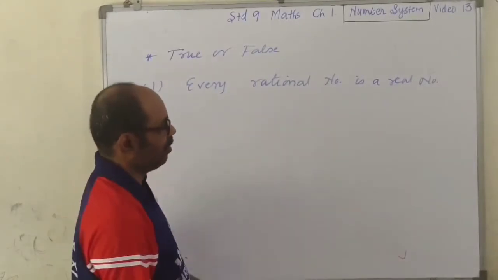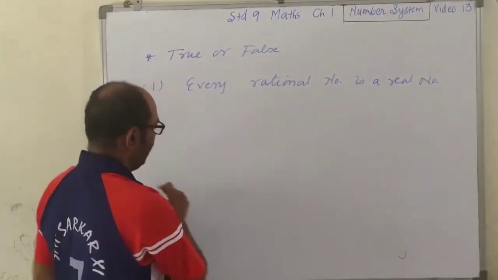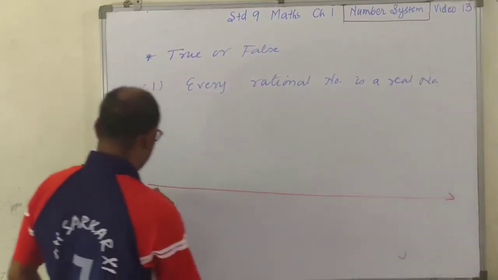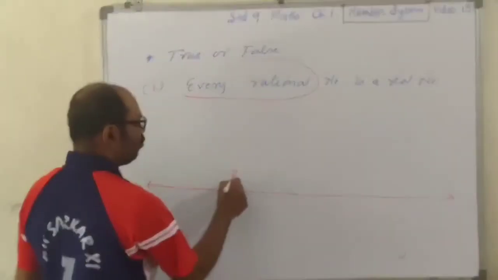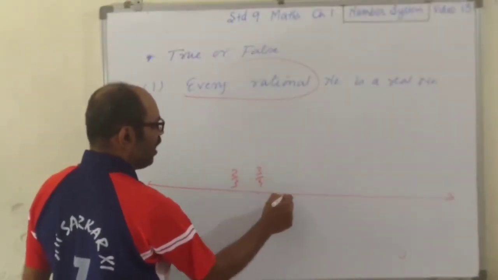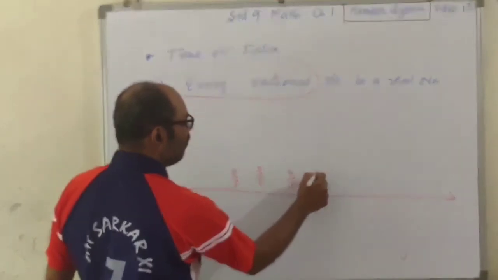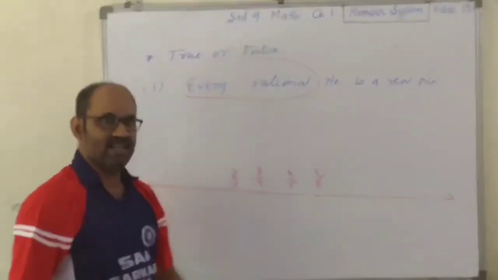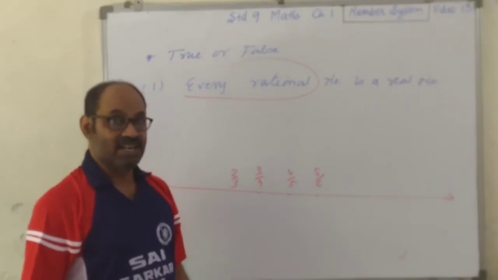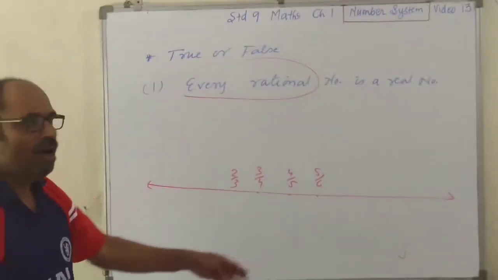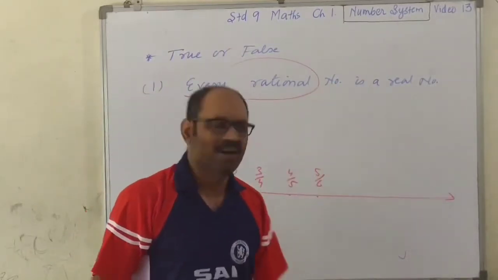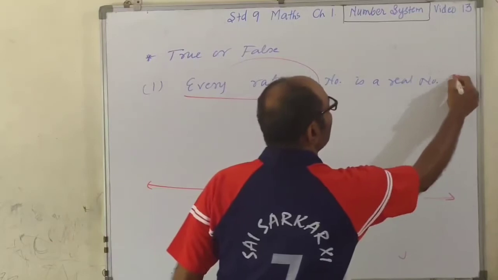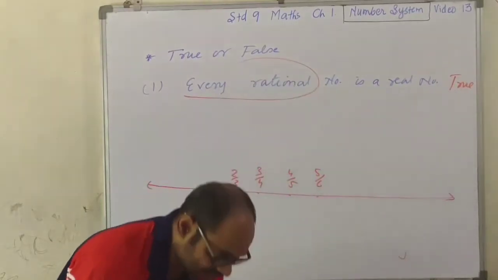Take any rational number: this is 2/3, this is 3/4, somewhere 4/5, somewhere 5/6, and it keeps going. These are rational numbers. Can you call them real numbers? Of course, any real number. So every rational number is a real number. The statement is true. Did you understand?